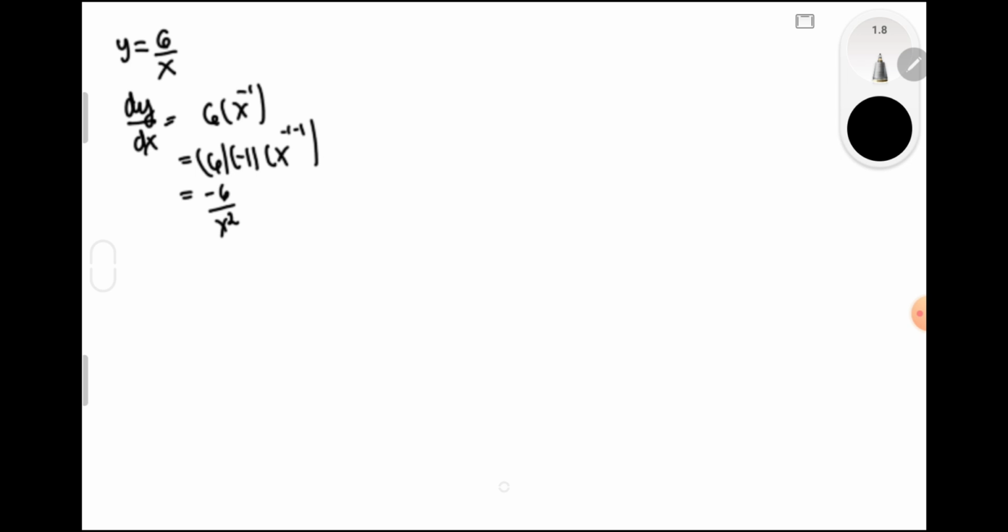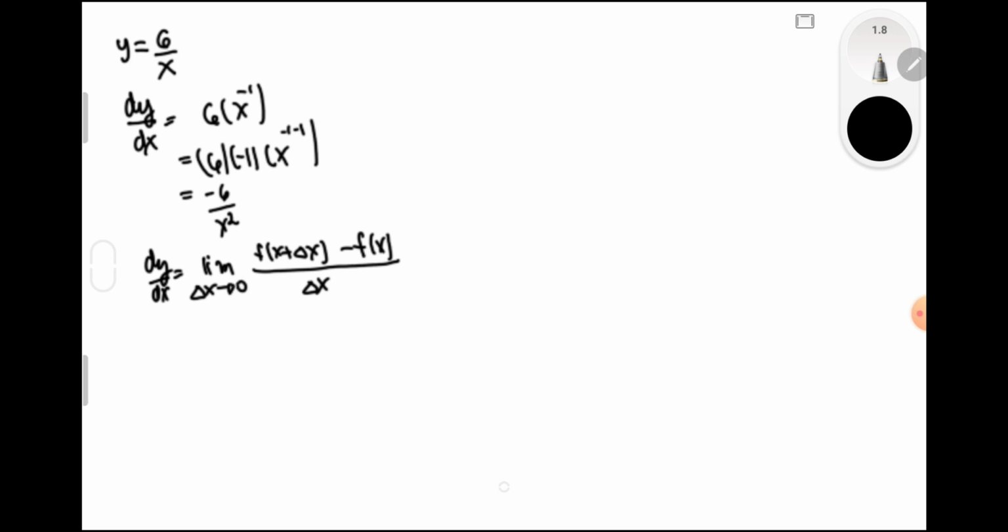Okay, so let's just prove that we will have the derivative of this dy over dx using our formula, dy over dx, which is equal to the limit of f of x plus delta x minus f of x, divided by our delta x, as delta x approaches 0.